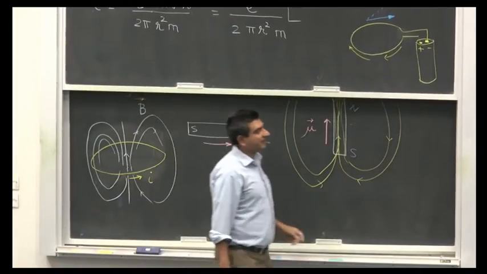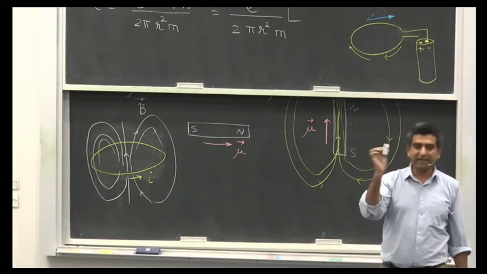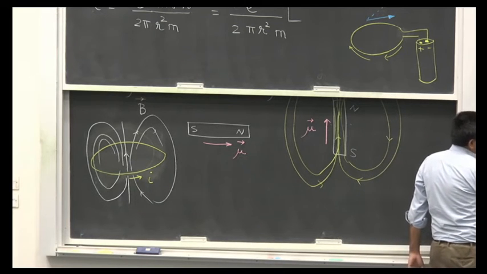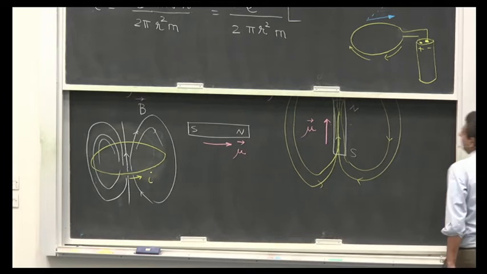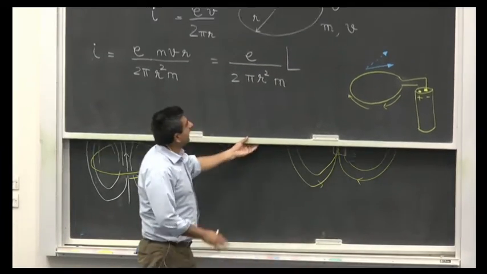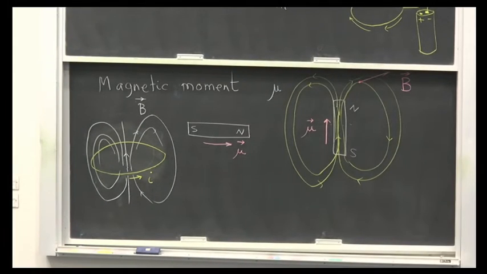And that will give me the magnetic dipole moment of this moving electron. So I take mu equals I into pi r squared. What is I? I is given here. I multiply this with pi r squared. I'm left with e over 2m L.